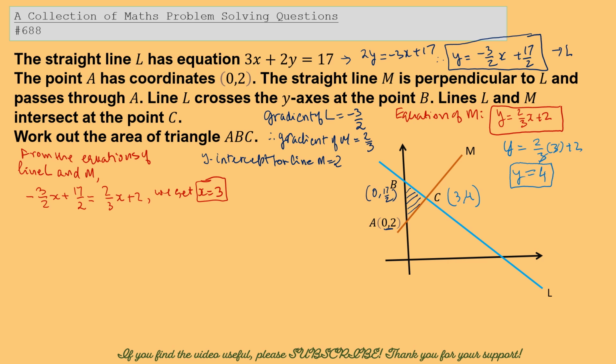The next thing I'm going to do is apply the distance formula to find BC and AC, and this is perpendicular, mind you, so it's half times base times height.